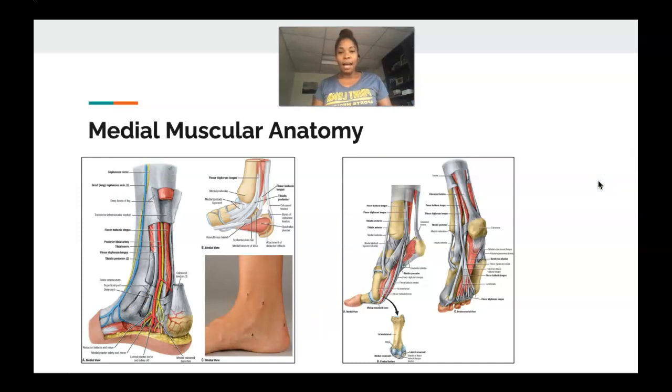Okay, on the medial aspect of the foot, we have a few major players. We call them the Tom, Dick, and Harry muscle group. So if we're looking here, we have the Tom, which is going to be tibialis posterior. We have digitorum or Dick, which is the flexor digitorum longus.